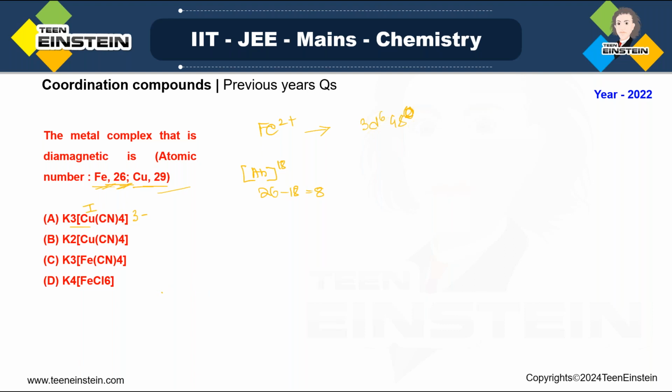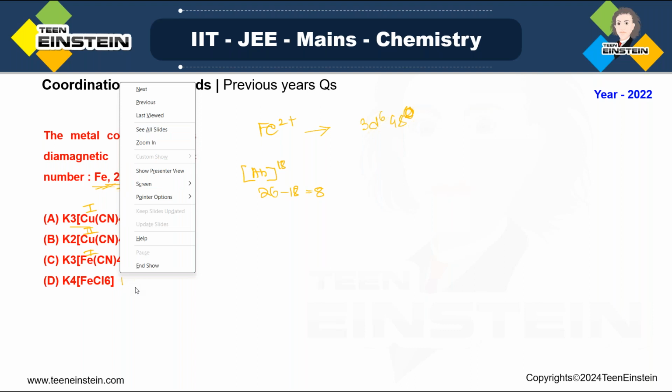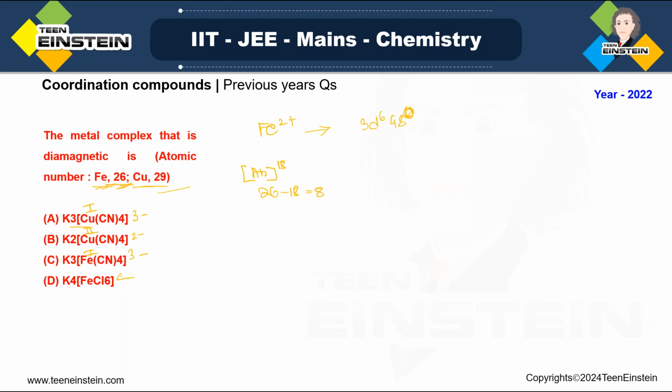In the second case, if you remove 2 potassium, there will be a 2 minus charge. Considering the cyano ligand, 4 negative charge, the oxidation state is copper 2 plus. Third complex, negative charge 3 minus, it is iron 1. Sorry, here it is 4 negative charge. If you remove 4K+, it will be iron 2.